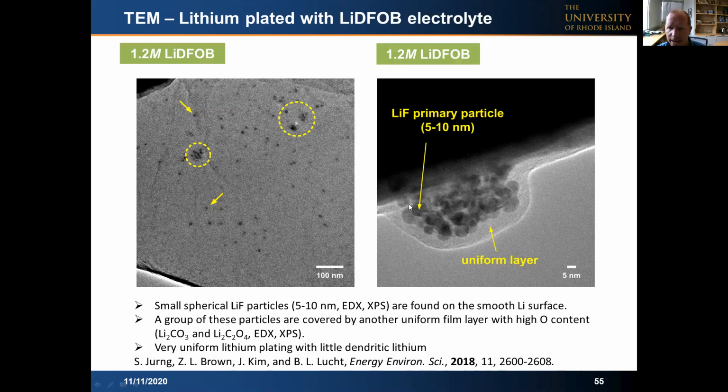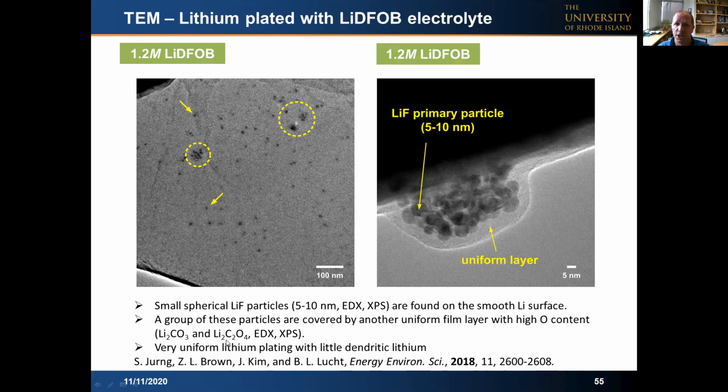And throughout the entire surface of the lithium metal, we see all these tiny little particles, which are consistent with lithium fluoride from EDX analysis. We also see a very uniform layer covering all these lithium fluoride particles, which is consistent with a combination of lithium carbonate and lithium oxalate.